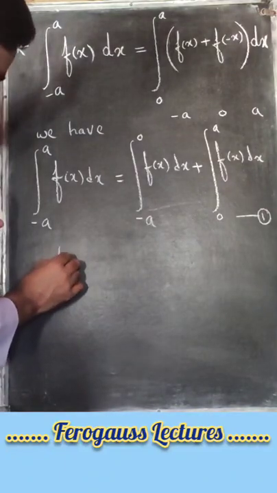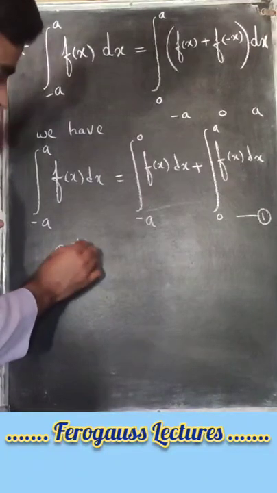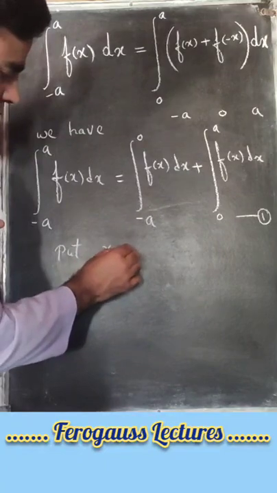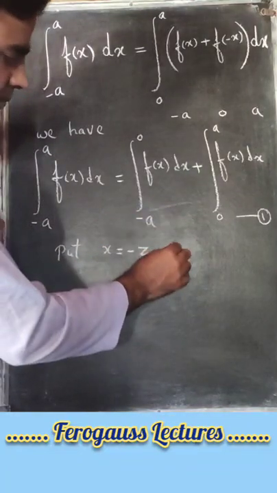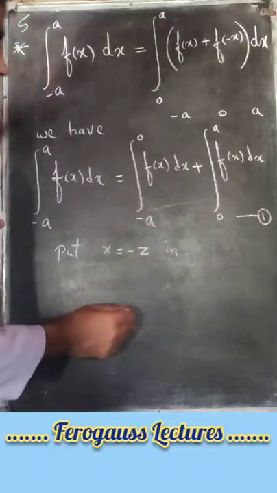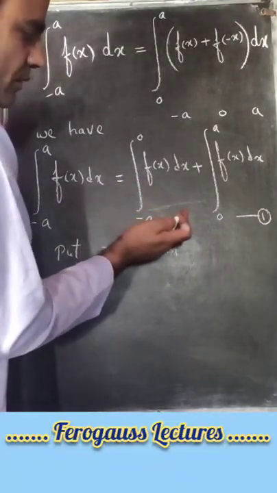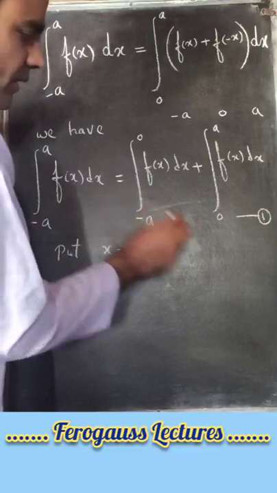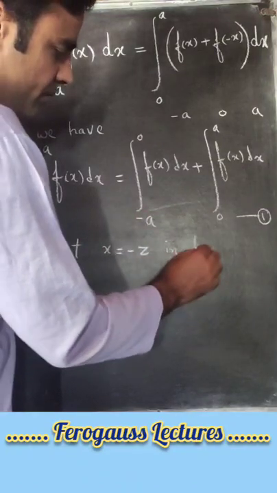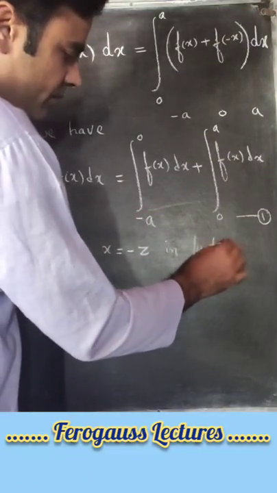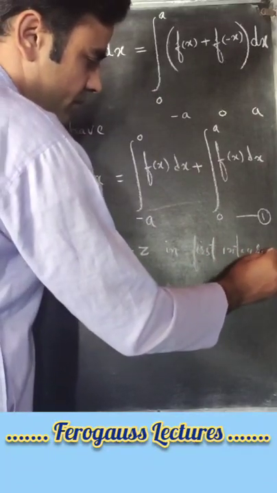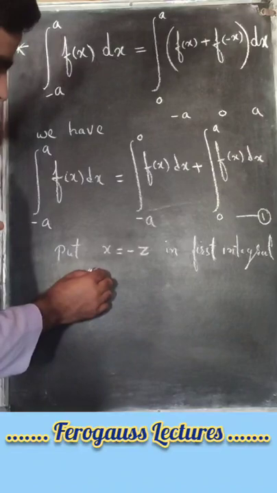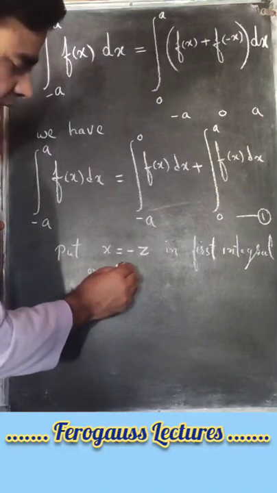Now put x equal to -z in the first integral on RHS.